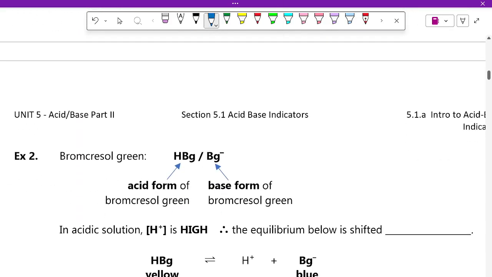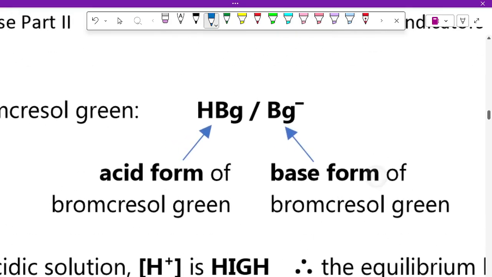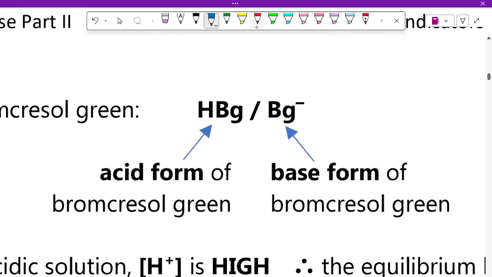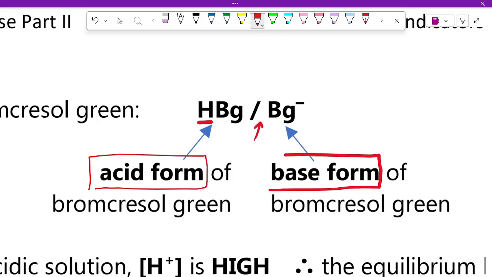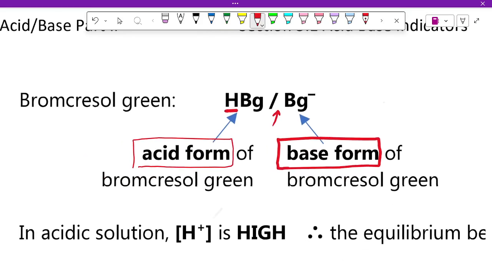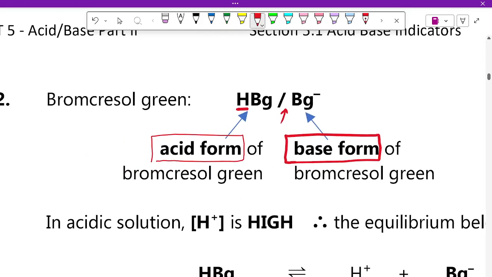So here we have bromcresol green. We call the form that has the hydrogen the acid form of the indicator. And we call the one that has no hydrogen the base form of the indicator. So if we have an acidic solution, that means our hydrogen concentration is high.